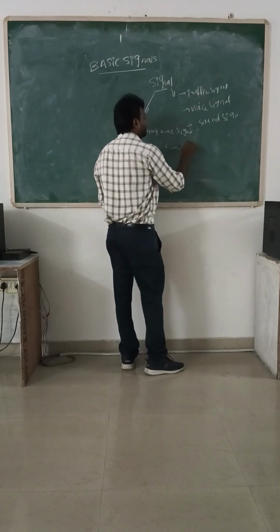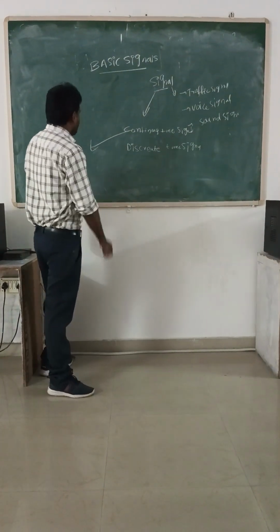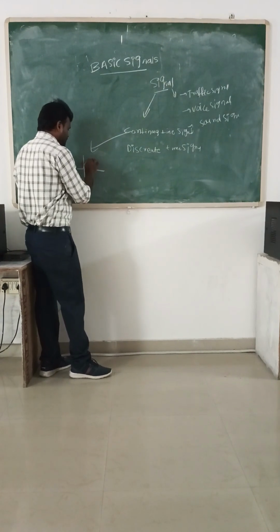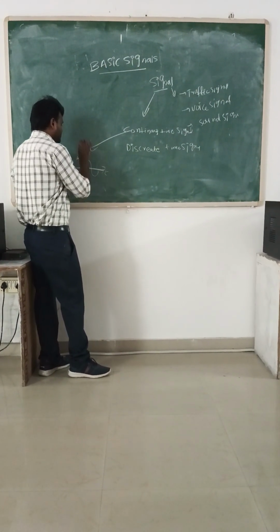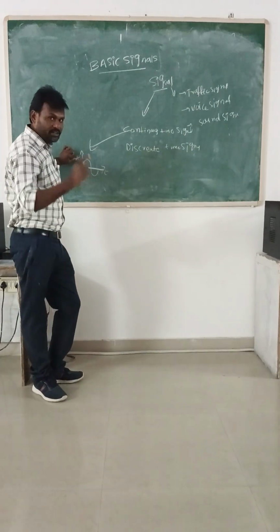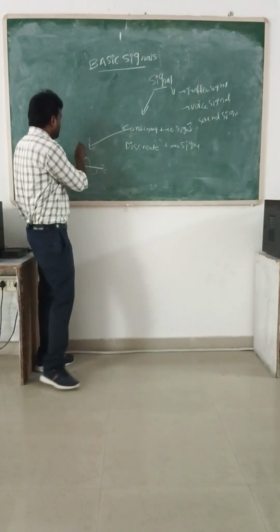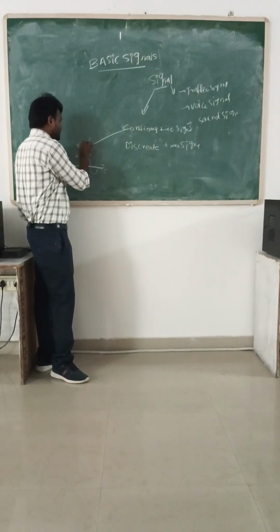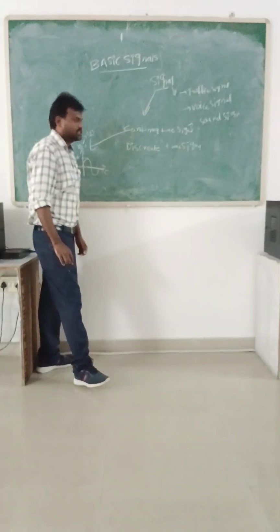Now the definition of a continuous time signal: the signal is continuously varying with time. It is denoted by x of t, where t is a continuous variable. This is the definition of a continuous time signal.